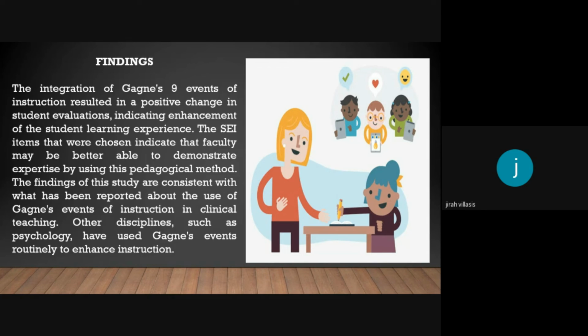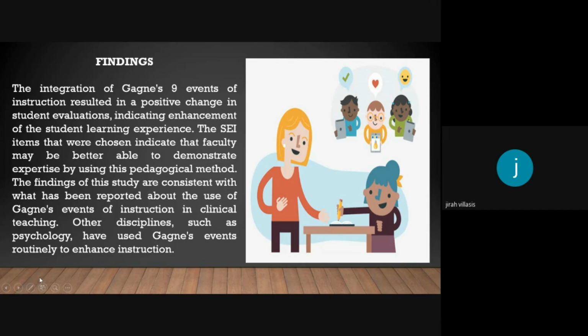Other disciplines such as psychology have used Gagne's events routinely to enhance instruction. The 9 events of instruction provided a structure to the face-to-face classroom setting, as we have experienced now, affording faculty the opportunity to gain expertise with a pedagogical method while staying student-centered.